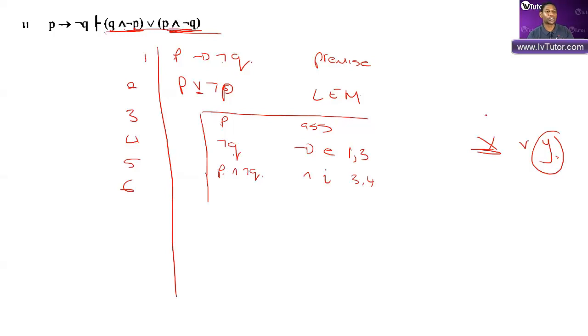P and not Q is true, so this or anything becomes true. So Q and not P, or P and not Q is true.